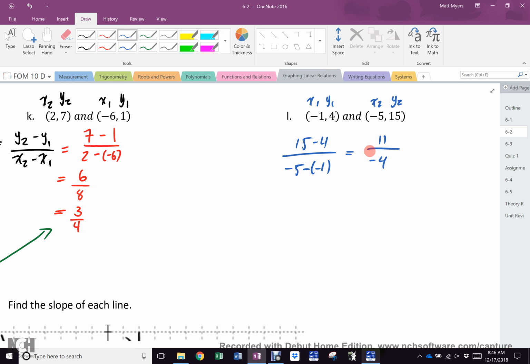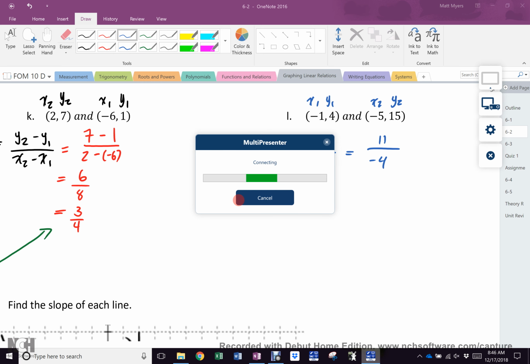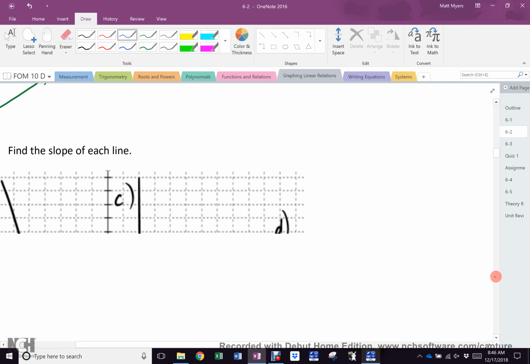Subtraction. When did we learn that? So, was there anything new today? If you can count and you can subtract, can you find slope? How important is slope? Super important. And all you have to do to find it is count or subtract. Everybody good? All right. So, you guys go to the next one.